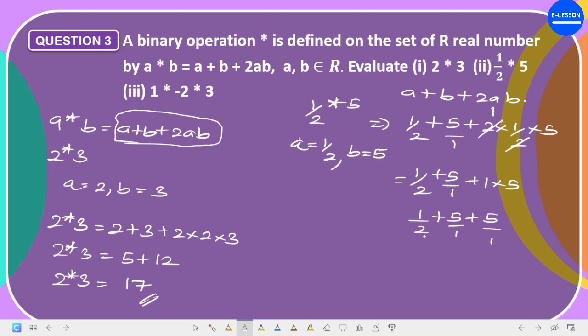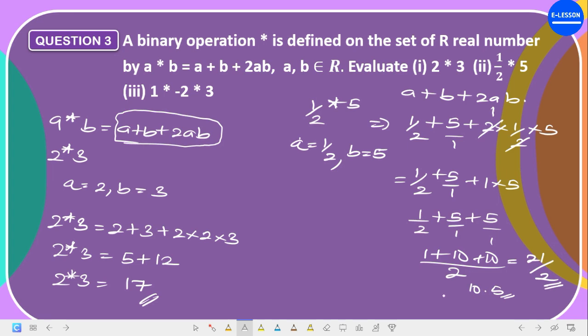The LCM of 2, 1, 1 is what? 2. So 2 divided by 2 is 1 times 1 is 1, plus 2 divided by 1 is 2 times 5 is 10, and this is 10 again. And this becomes 1 plus 10 plus 10 is 21 all over 2. And this is the answer to this question. Now 21 over 2 is what? Is 10.5.